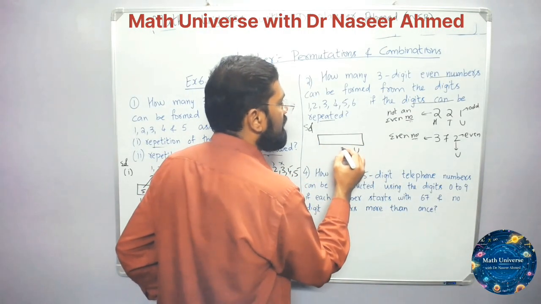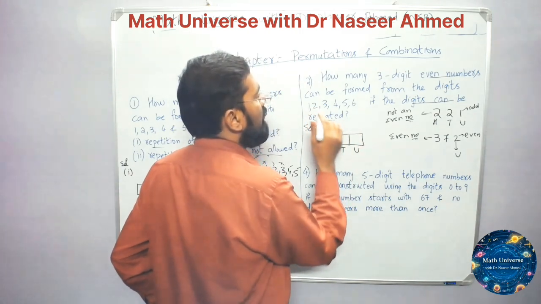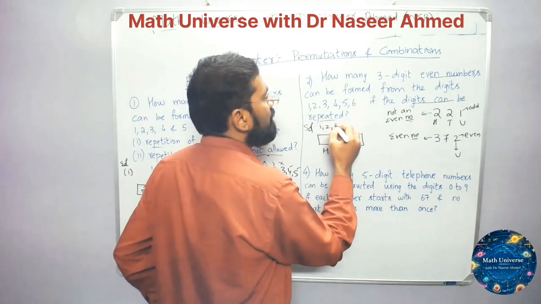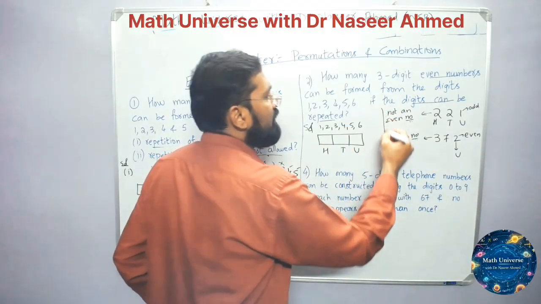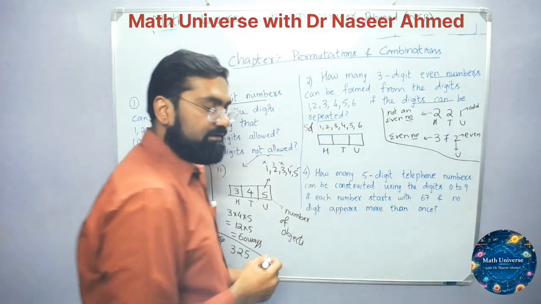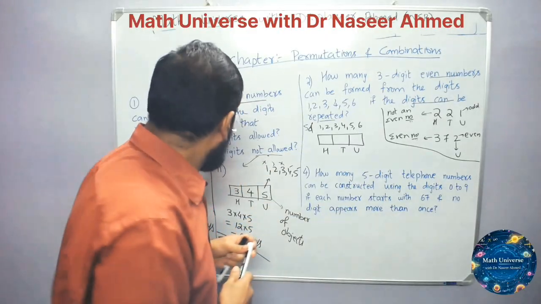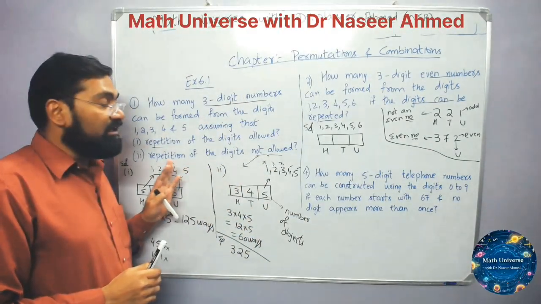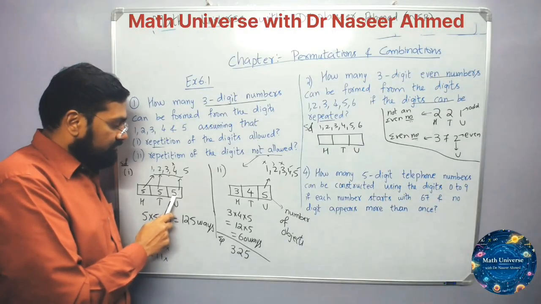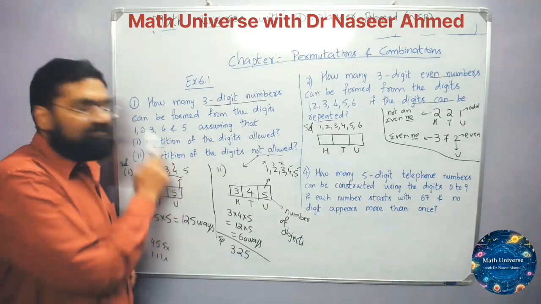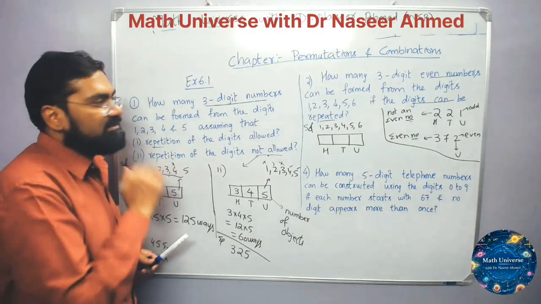So unit, 10, 100. Now which digits are there? 1, 2, 3, 4, 5, 6. Try to understand which digits we can place in the unit place. If they hadn't said even number, we wouldn't have any condition to fix, and we could take any one of the objects here.